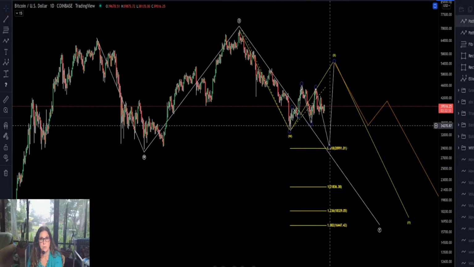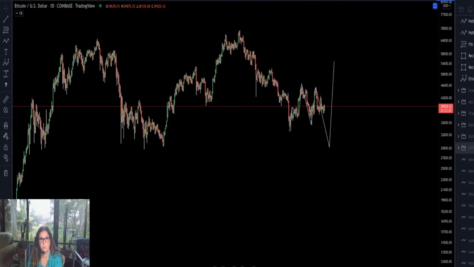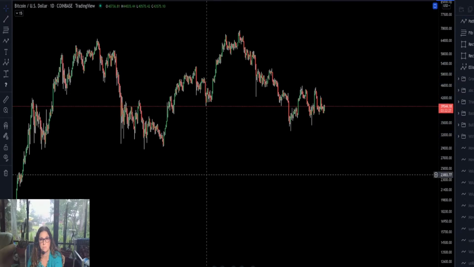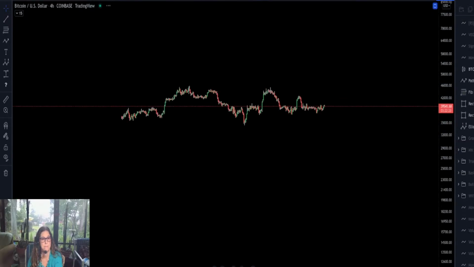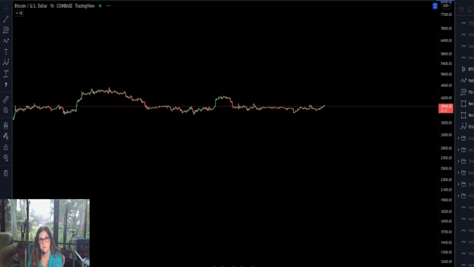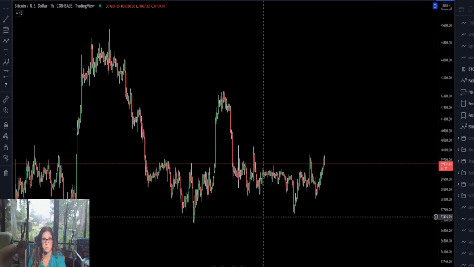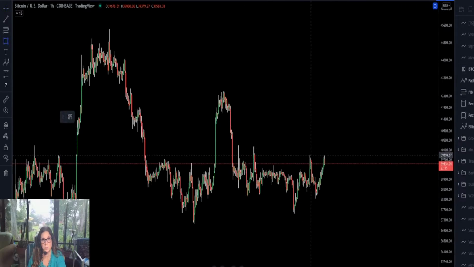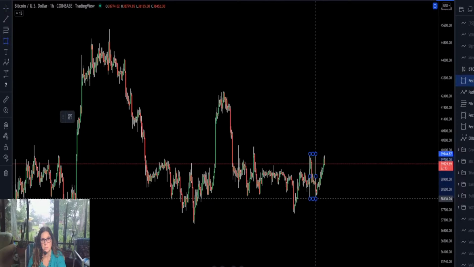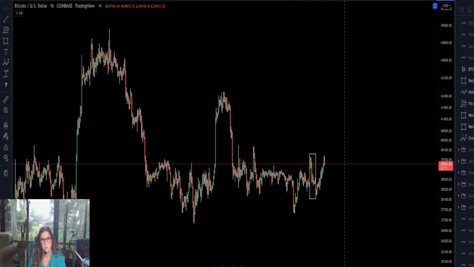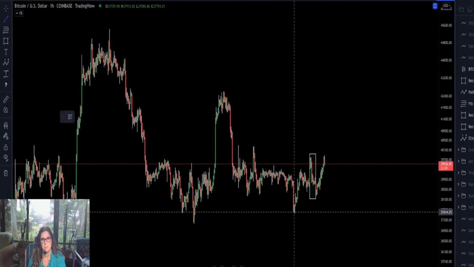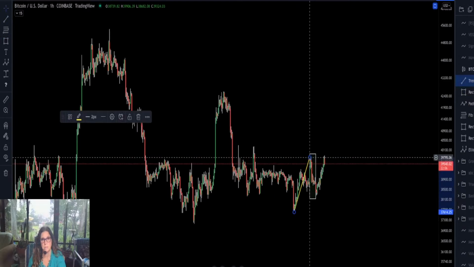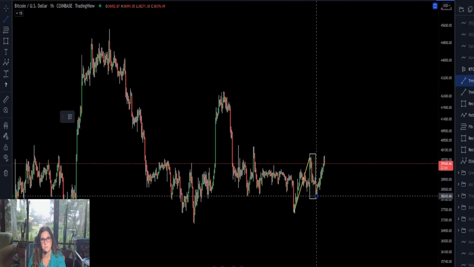That's about all I have on Bitcoin. We're just going to have to wait it out. Pay attention to the expanded B, see if we make this triangle. This morning, I told everybody we needed a partner leg to the upside.